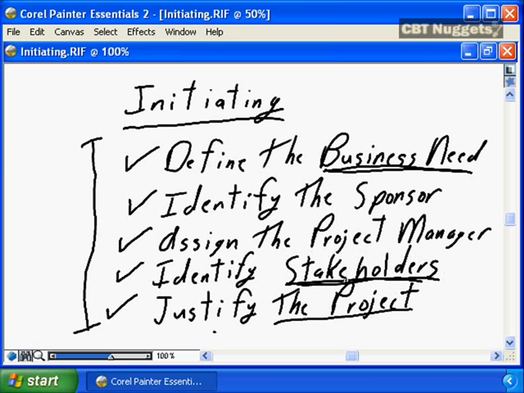So again, I would suggest when you're brought in with initiating already in place or done, or pseudo-done, that you do the mini initiation process and reevaluate who the stakeholders are.